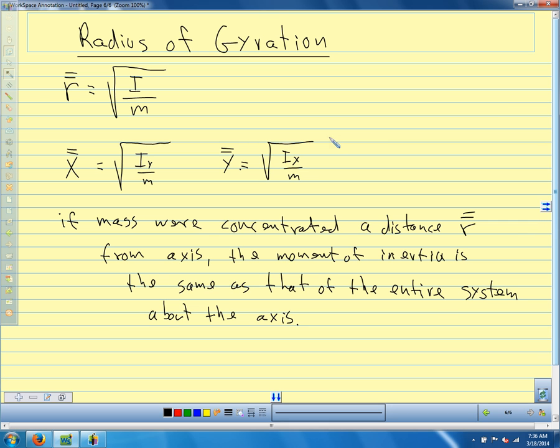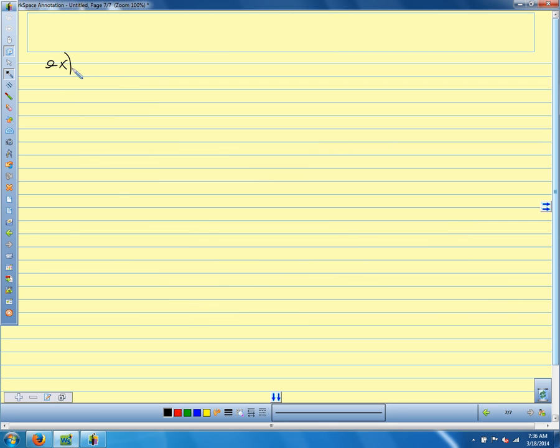All right, so let's set up one of these integrals. So we want to find I sub x, I sub y, I sub 0, x double bar, and y double bar.